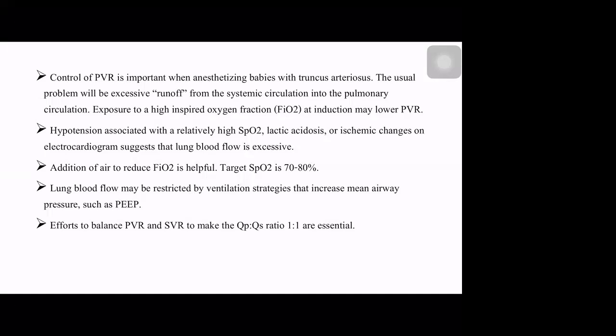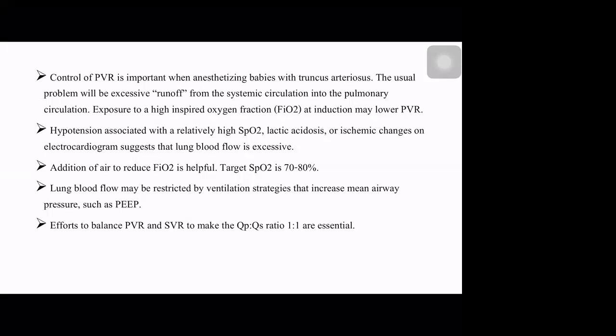Whenever there is this type of situation, we must be aware. So while we are inducing, we must keep the FiO2 at a lower level. The target SpO2 throughout the induction and maintenance period is around 70 to 80%. That level of SpO2 is sufficient to maintain the adequacy of systemic oxygenation.